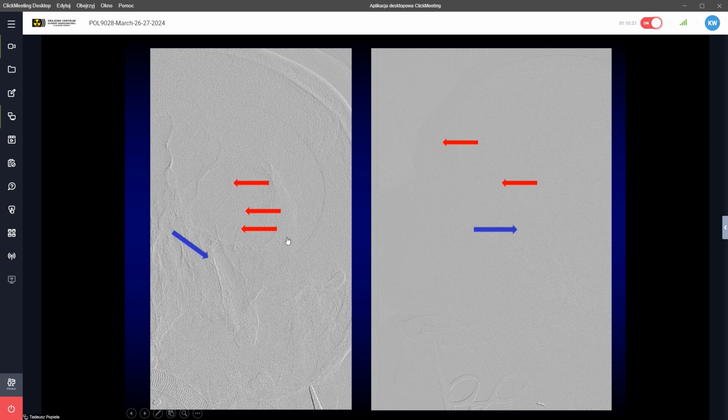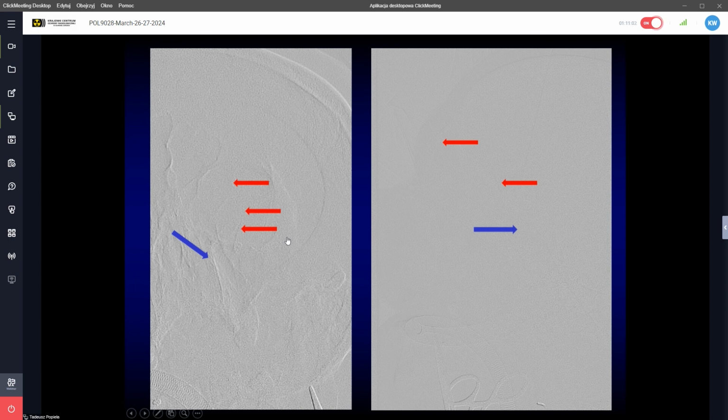It's usually a result of blunt trauma, when suddenly the wall of the internal carotid artery breaks into the cavernous sinus. So you can imagine that a huge amount of arterial blood is going directly to the cavernous sinus.